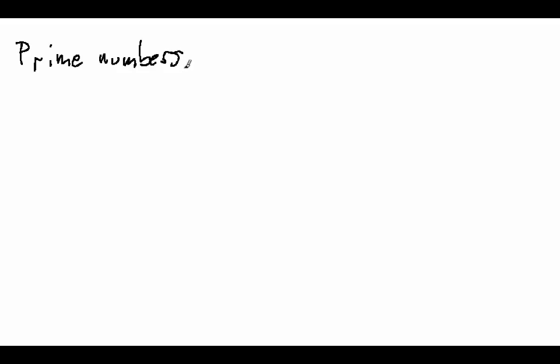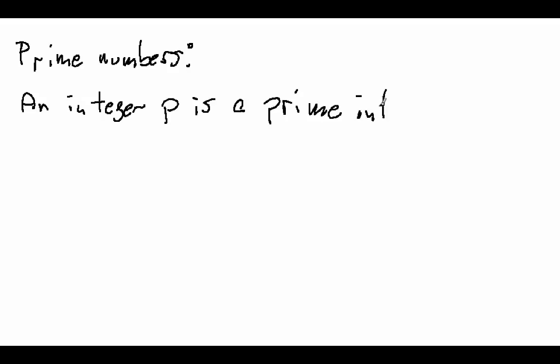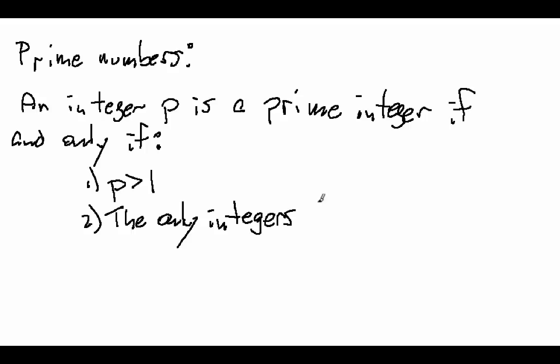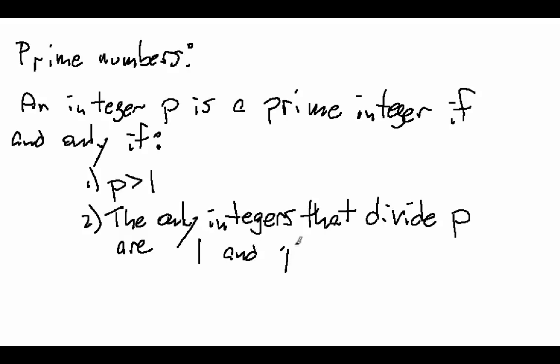So we talk about an integer p is a prime integer if and only if, 1, p is greater than 1, and 2, the only integers that divide p are 1 and p. Okay. So that's a prime number.